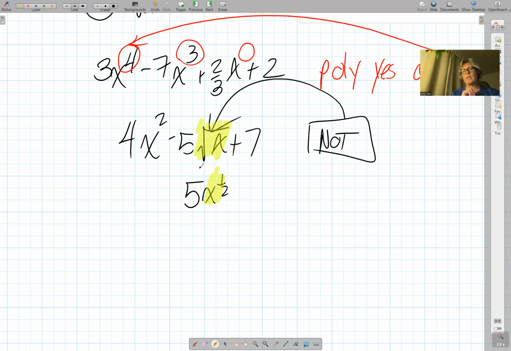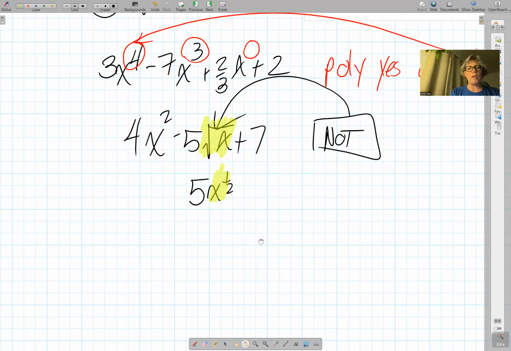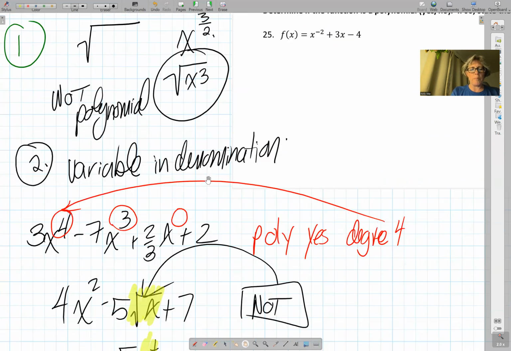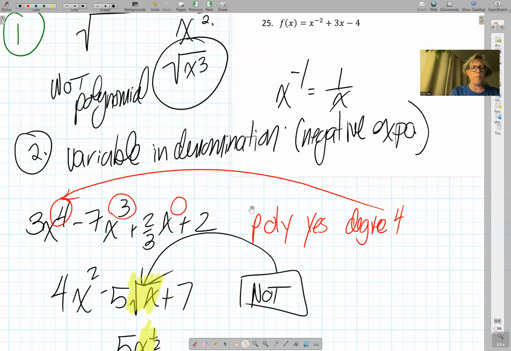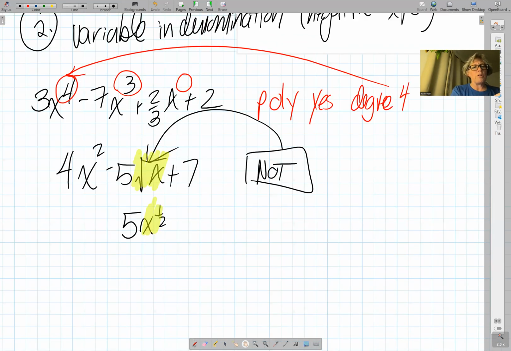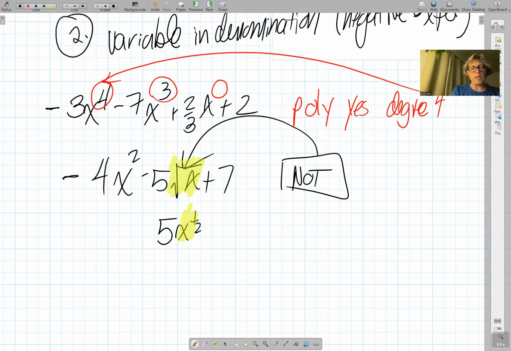So fractional exponents are not going to work. And also negative exponents. Because if you have a negative exponent like x to the -1, that's going to pop that variable into the denominator, which you cannot have for a polynomial. That's one example of what is not.